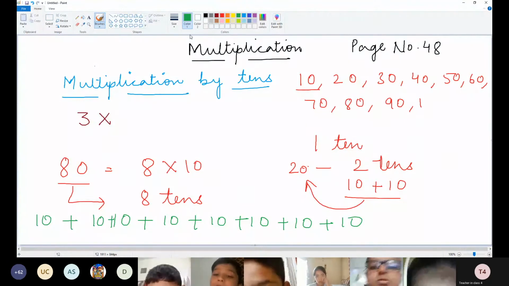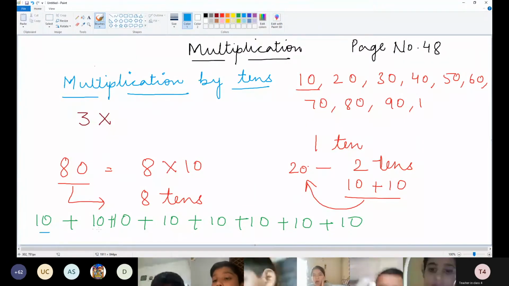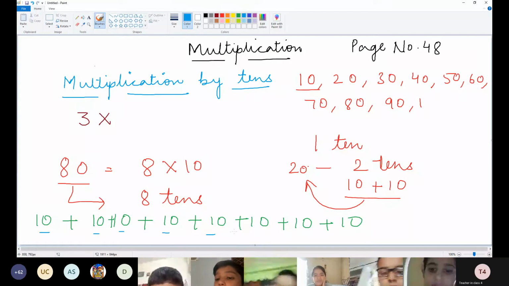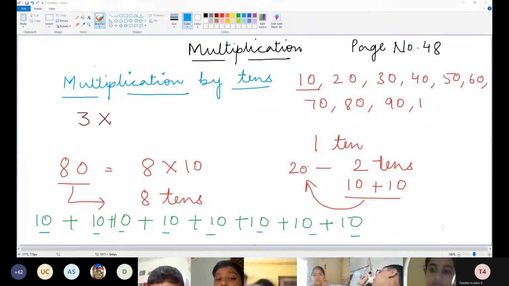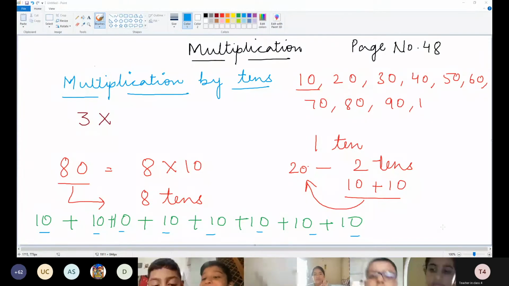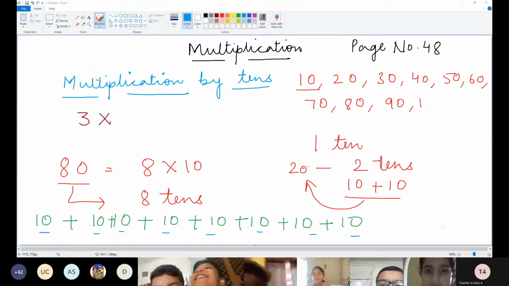That means how many tens you can see on the screen? You can see 8 tens. 1, 2, 3, 4, 5, 6, 7, 8.